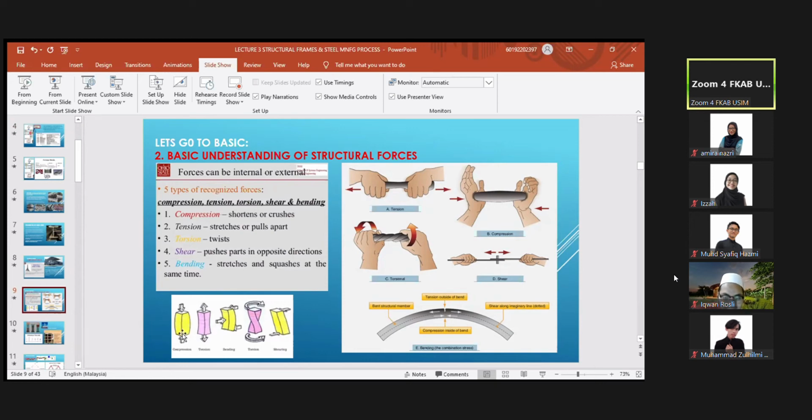This is how it works. Compression is by the load, more on the top load. Tension is by the pull. If you have bridges, you get this kind of pulling factor. In a high-rise building it's not so much pulling, but more for bridges. This is bending, because of shear, because of the load, the wind load.